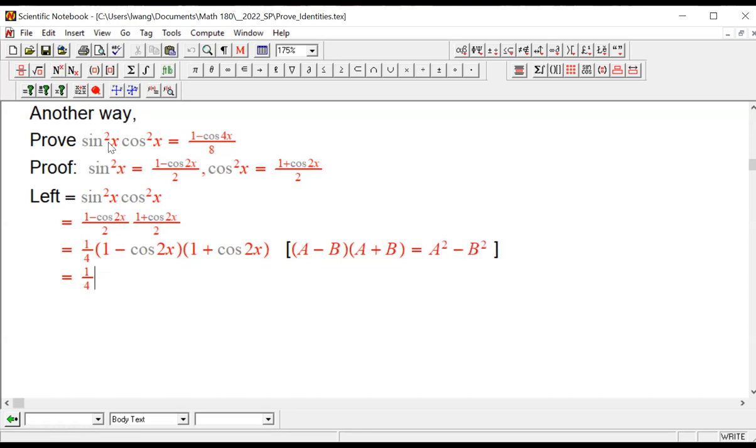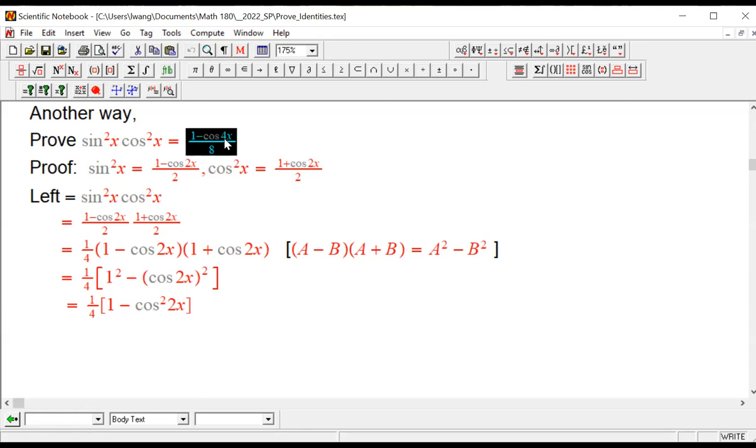So the next step, we're going to have 1 squared minus cosine 2x squared. Of course, you could write it just like this. 1 squared is 1, and cosine 2x squared is shorthand written like this.